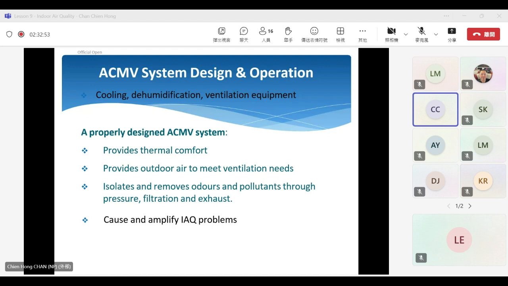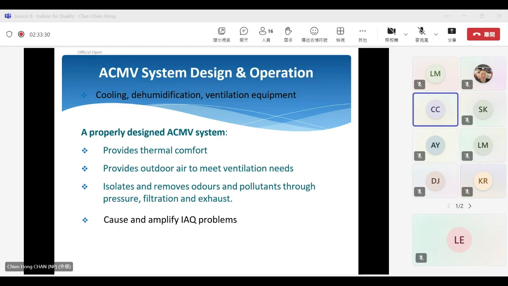And the odors and the pollutants get absorbed into the finishes because of a prolonged, extended stay in that environment, and then these pollutants slowly release back into the environment. So those are the issues if we are unable to design and operate the ACMV system properly.